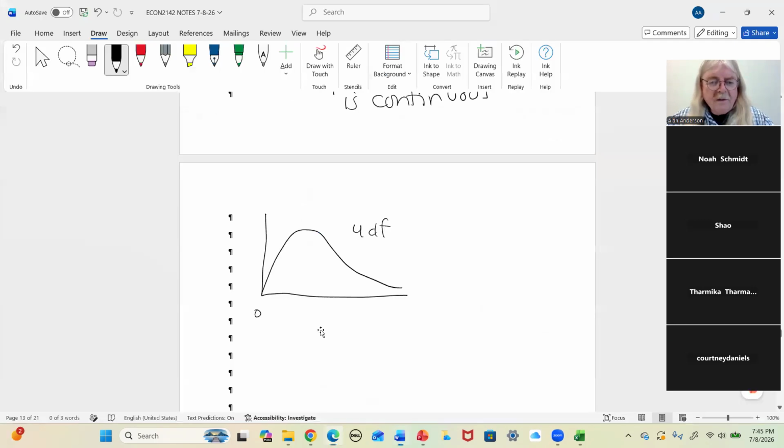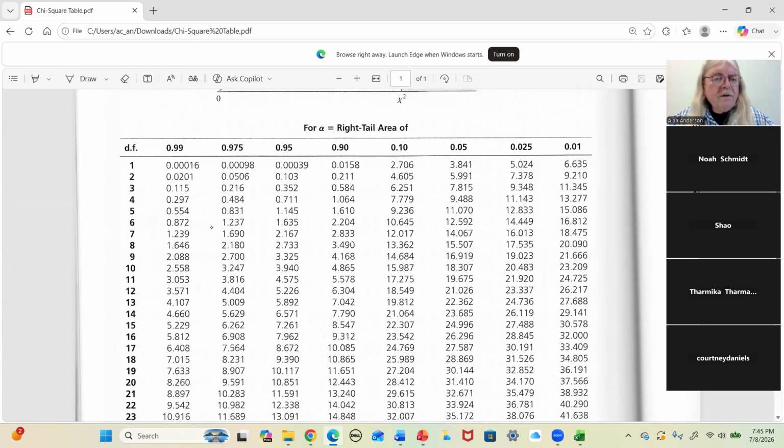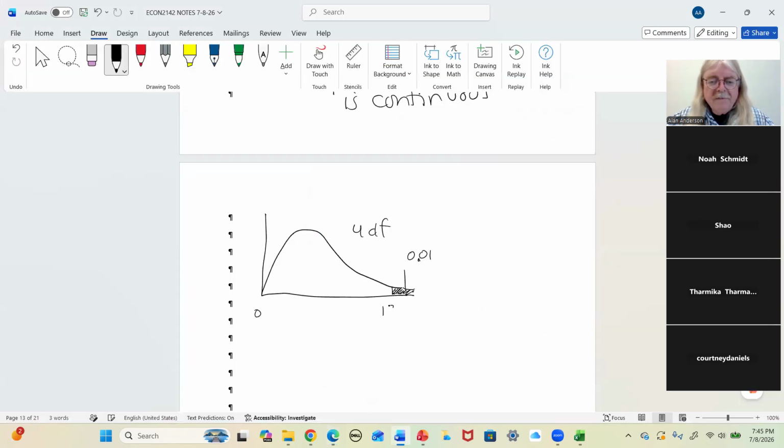So we're way out here in the right tail. Whatever that is, it represents only a tiny slice. So how do we find it? Again, look at the intersection of 0.01 with 4 degrees of freedom, and you'll see that it's 13.277.